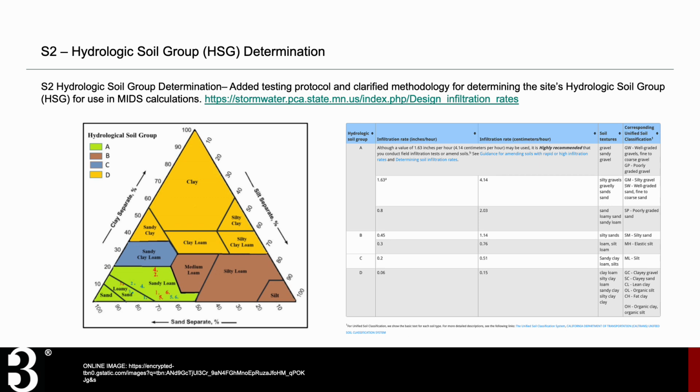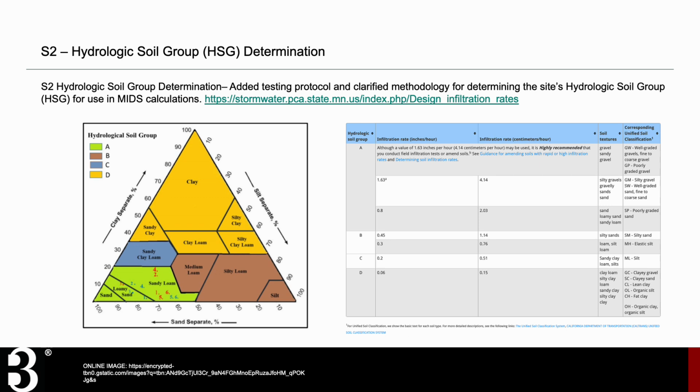It's important to note that an infiltration test is still required of the project team to determine this, but now we've also included guidance on testing methods, including the infiltrometer test and a couple of other methods if the project team chooses. Links to the stormwater manual and other resources are available directly in the guidelines text and also in the meeting the guidelines section.